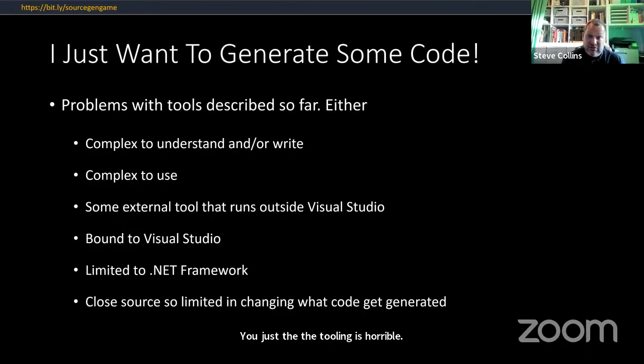Some are external tools that run outside Visual Studio, and therefore you have to make sure you're running your tool so that it keeps in sync with the code that you're writing elsewhere. Or it's limited to Visual Studio, so you can't do stuff outside. Some are limited to .NET Framework, or only have a subset of .NET Core or 5 support, or 6. And some are closed source, so you can't make any changes to what or how they generate. So that's been about how we've done code generation in the past.